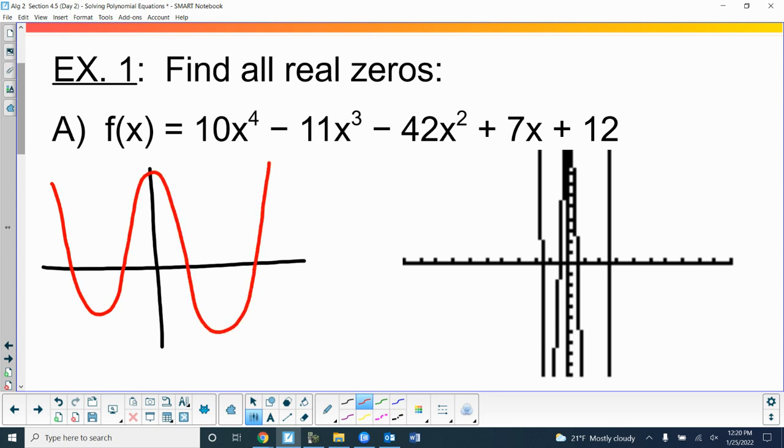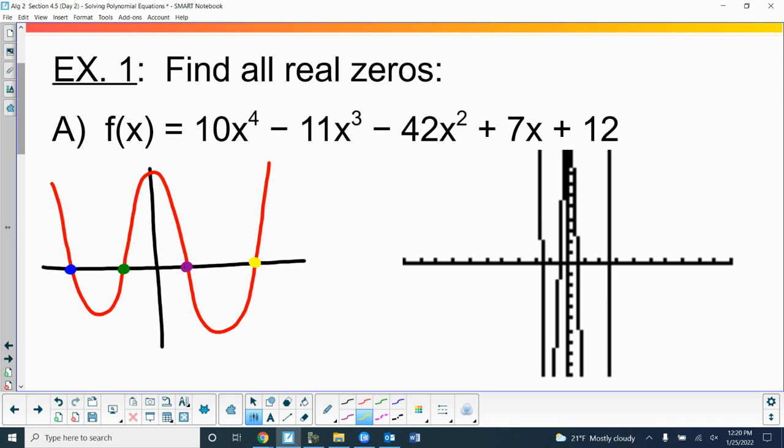It's not symmetrical, as you can tell, but I need to find that 0, and that 0, and this 0, and this 0. Okay? You guys understand that, right?